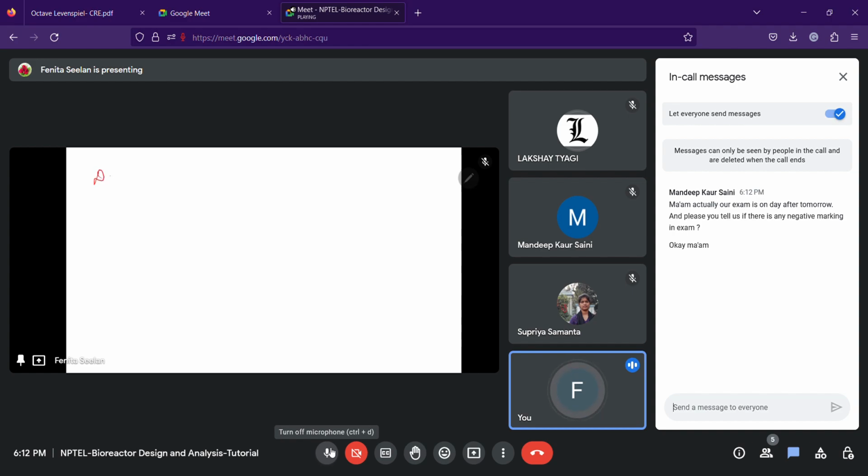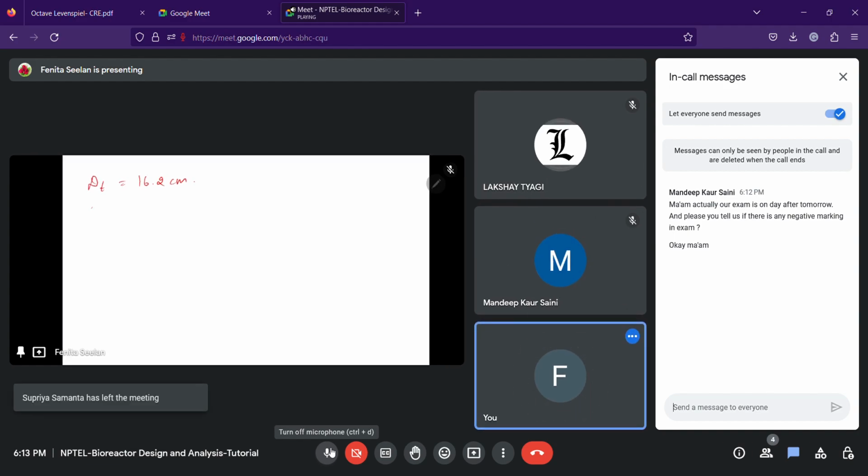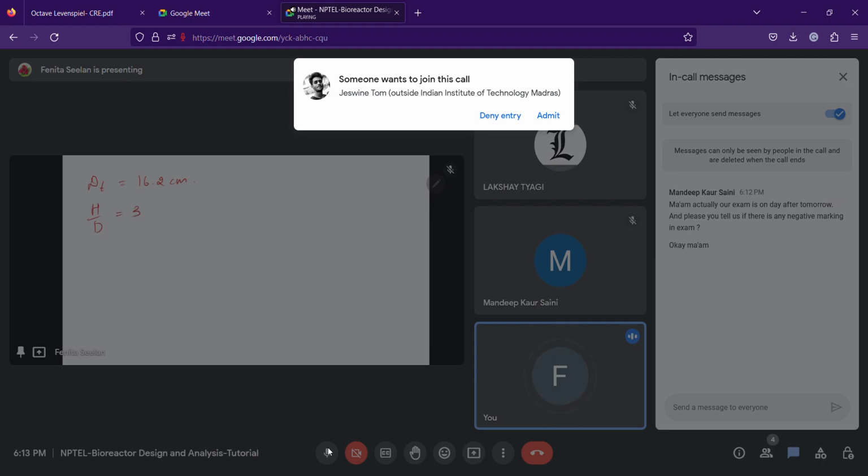Your Dt value will come around 6.2 centimeter. If your Dt is around 6.2 centimeter, your H by D is how much? It is 3, right?